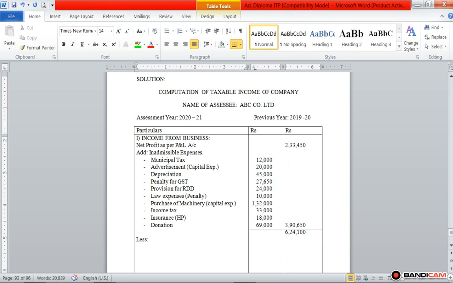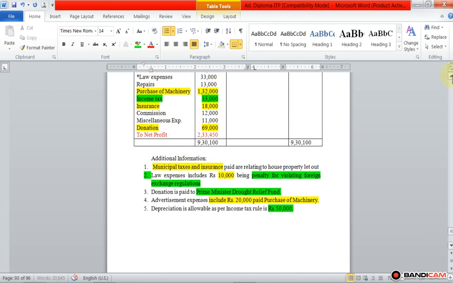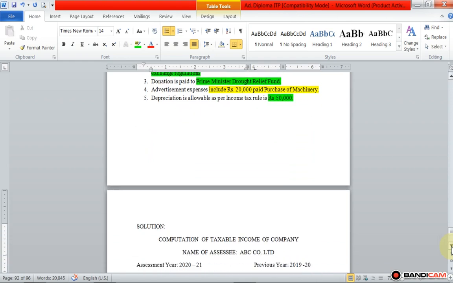Okay, then we deduct less income chargeable under other heads. So we already found out the income chargeable under other heads on the credit side of the profit and loss account. So here interest on FD 75,000, dividend 1,12,500.